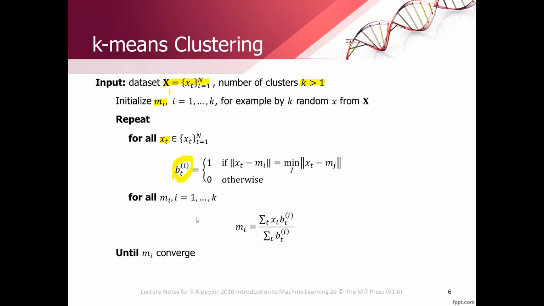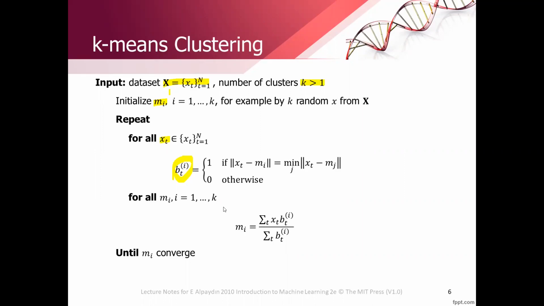This is the first step. And the second step: if we know that all these observations have the representative M2, somewhere here, then the representative should be as close as possible to all of them, and we would like to minimize the representation error.